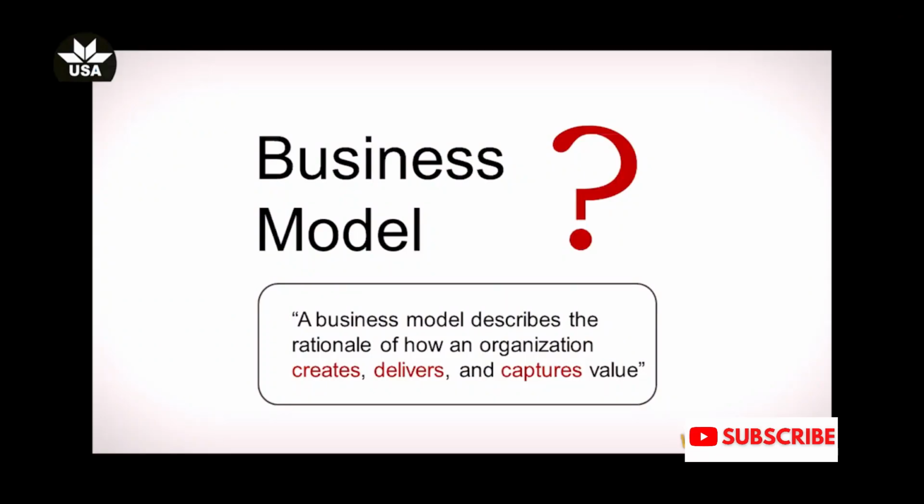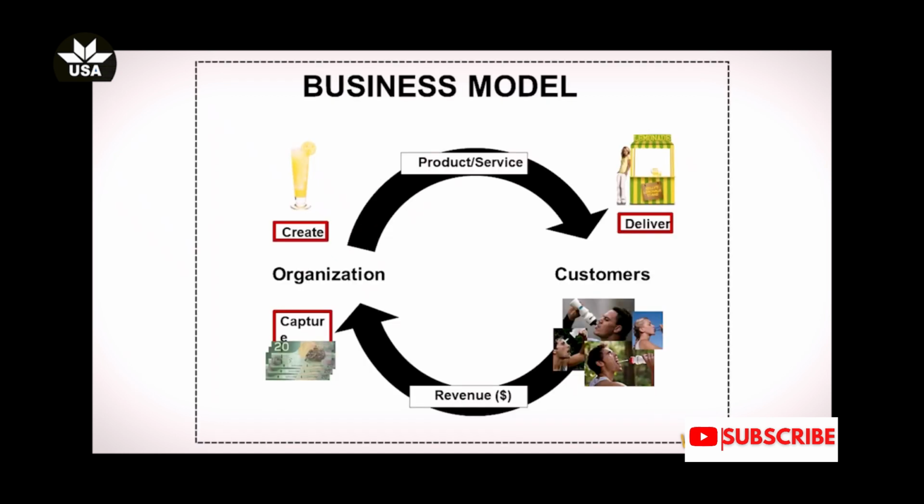Another definition of the business model that we can discuss today is that a business model describes the rationale of how an organization creates, delivers, and captures value. This is the same thing that we discussed in the previous slides. As you can see in the model in front of you, this graphical representation depicts how a business model works.